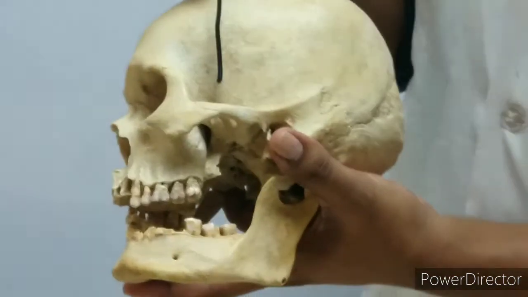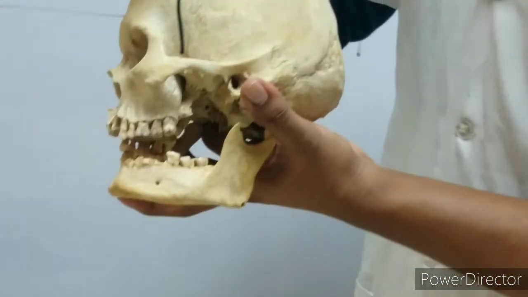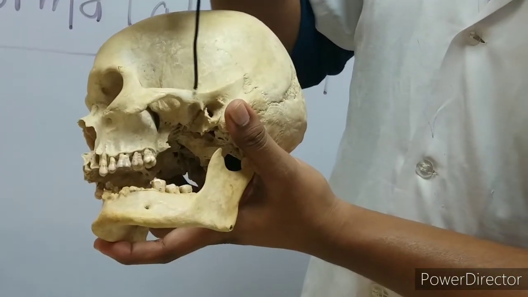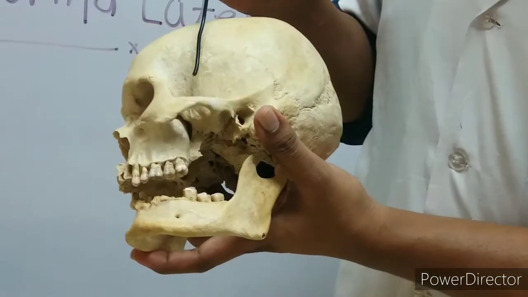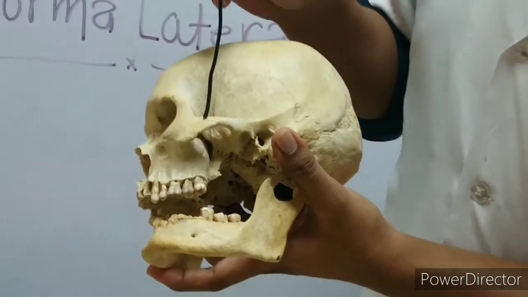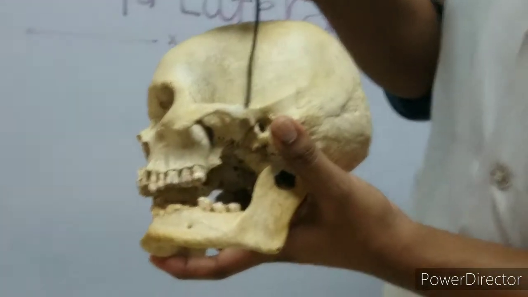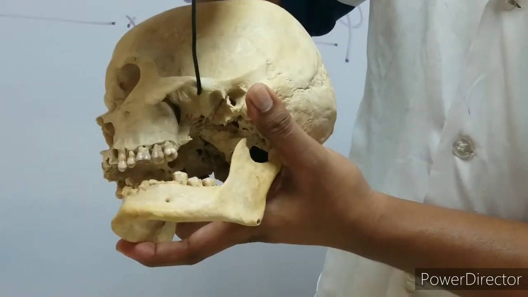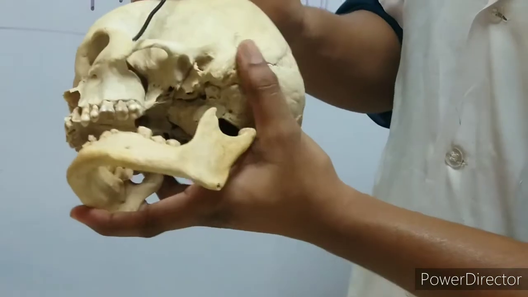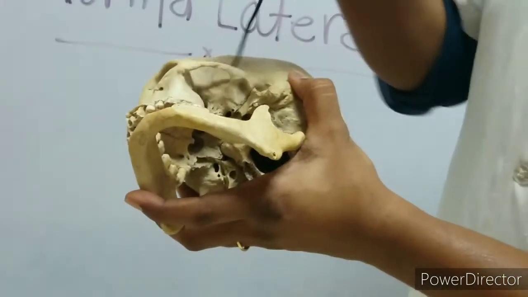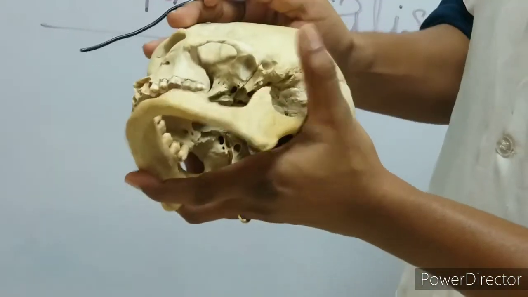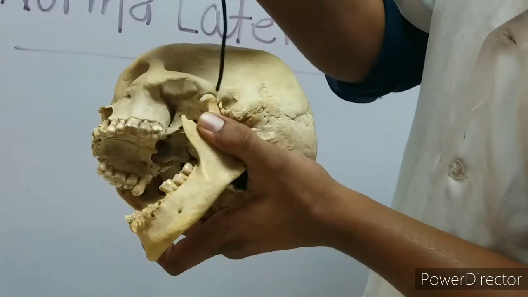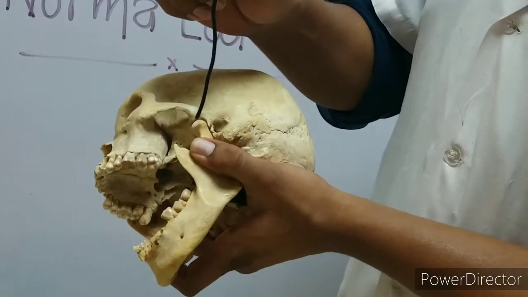Now the zygomatic arch has an upper border and a lower border. The upper border is called the posterior root, and from the lower border is the mandibular fossa for the articulation of the mandible.